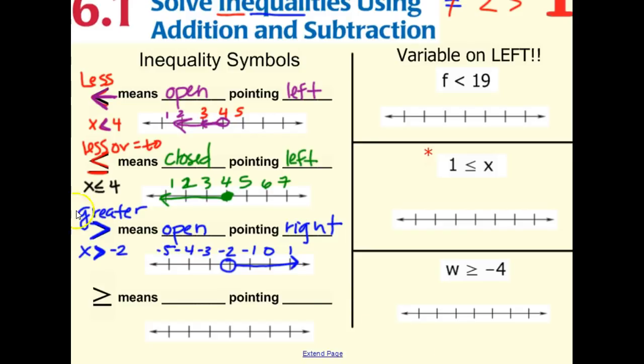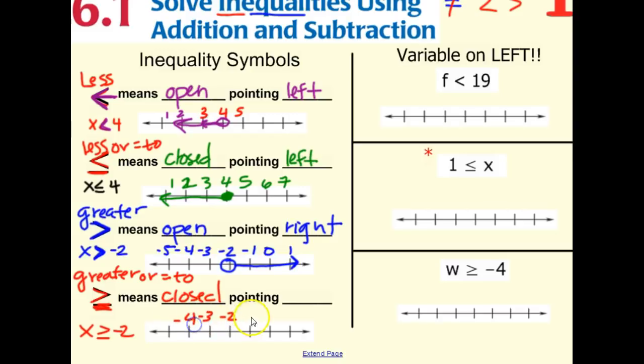And then finally, our last symbol, just like this last one, it's a greater than, but it's greater than or equal to. So greater or equal to. That's a short way to write that. It means we have the equal to, meaning it's going to be a closed or filled in circle. So if I use the same example, x is greater than or equal to -2.